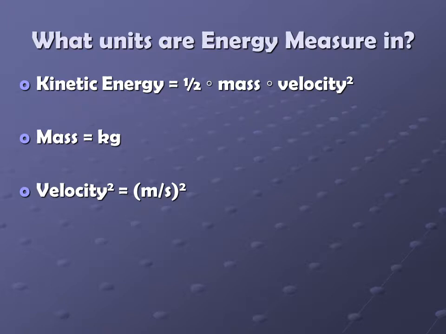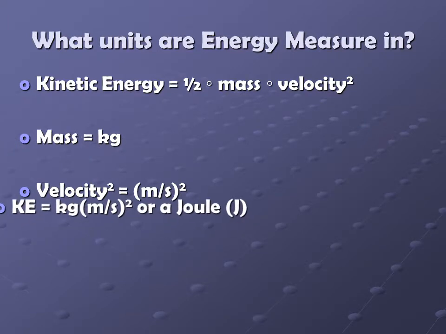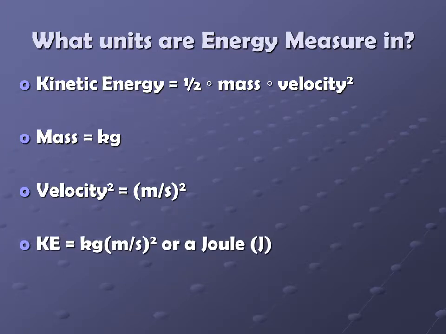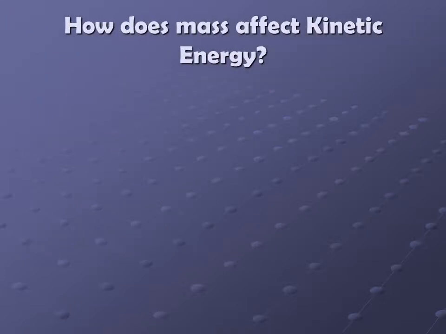And velocity squared, then we'll have those units squared. And so units for energy is going to be both of those things put together. And to shorten that, just like we did with force and the newton, we're going to have this thing called a joule, or J for short. So energy is always going to be measured in joules.